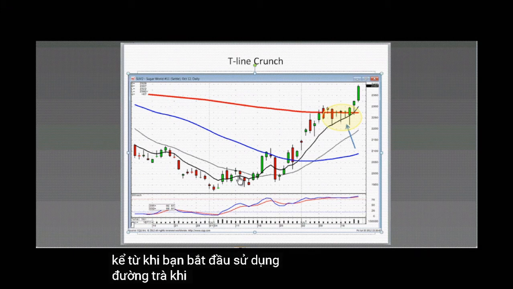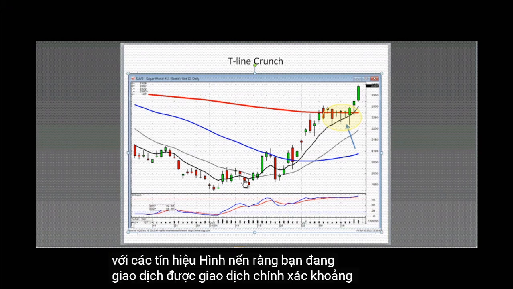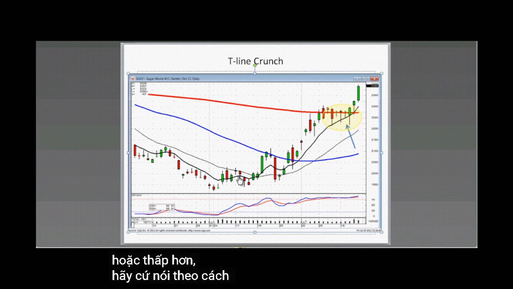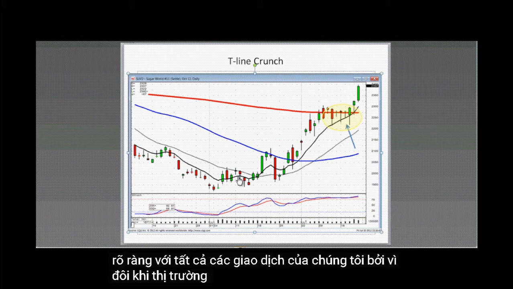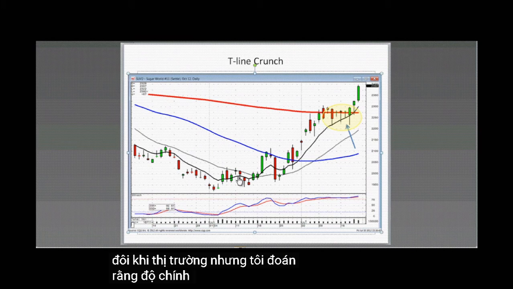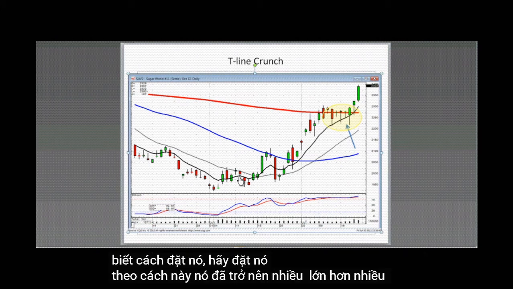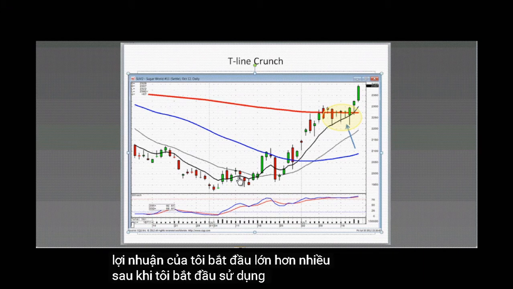Since you started using T-line, would you say using it along with candlestick signals that you're trading about 75, 80% accurate, or higher or lower? Let's just put it this way. I don't know the statistics, because it's hard to keep statistics with all our trading, but I would guess that my accuracy became much, much greater as my profits started getting much bigger after I started using the T-line.